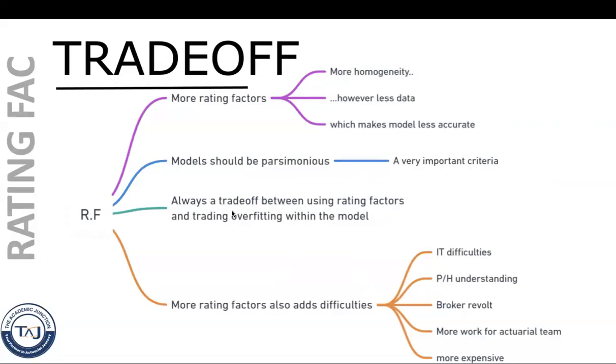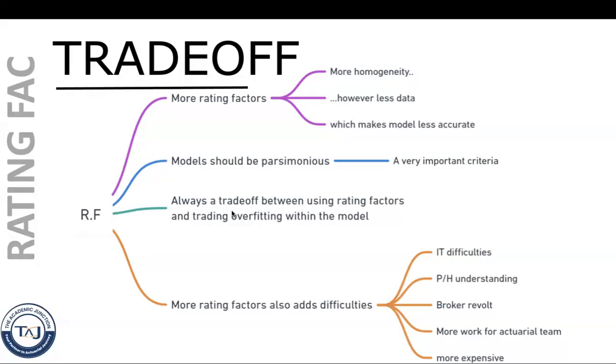When you keep increasing the number of rating factors, you are adding more homogeneity to the risk cells in the model. However, the more rating factors you add, the less data there is in individual risk cells, because you are breaking up the data into multiple risk cells.